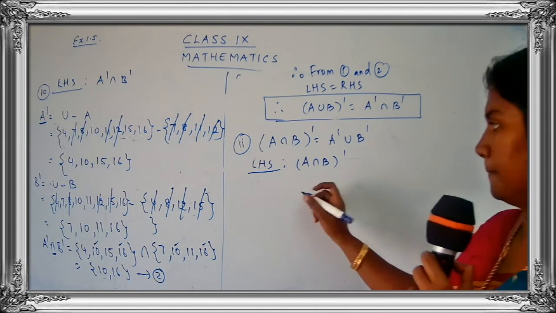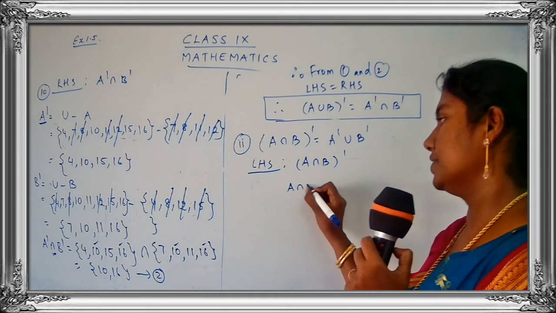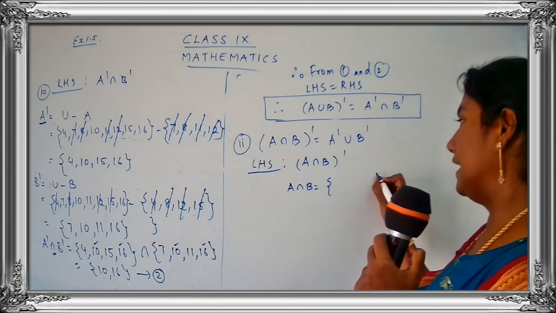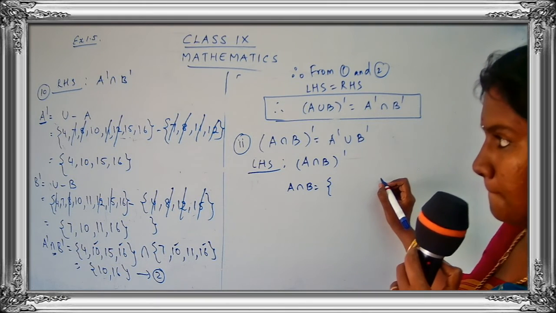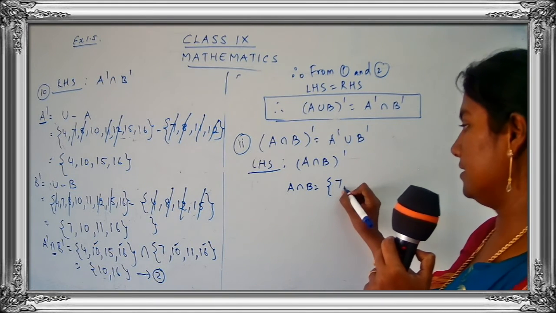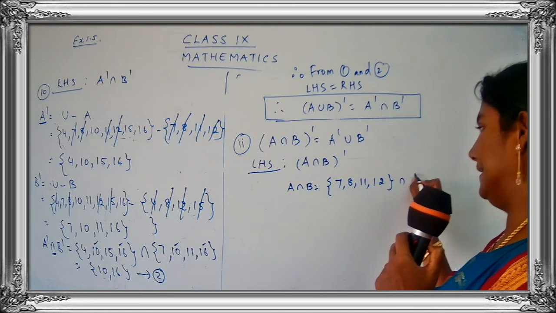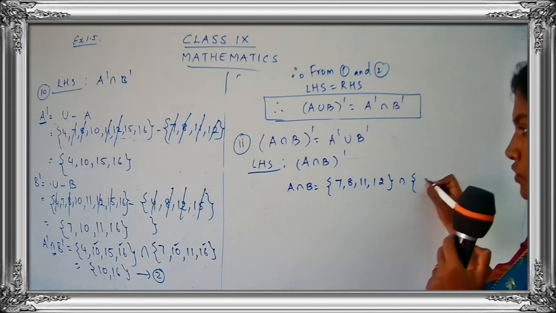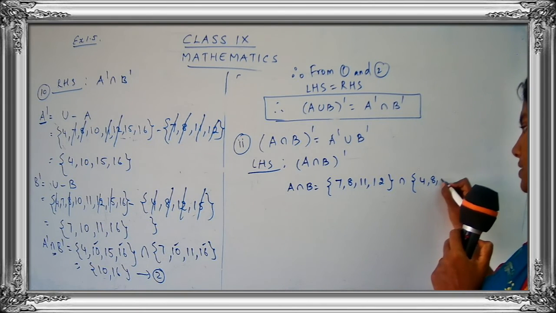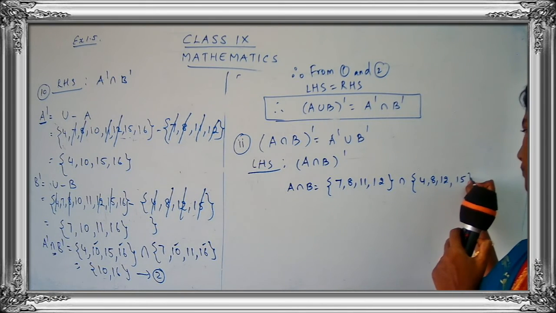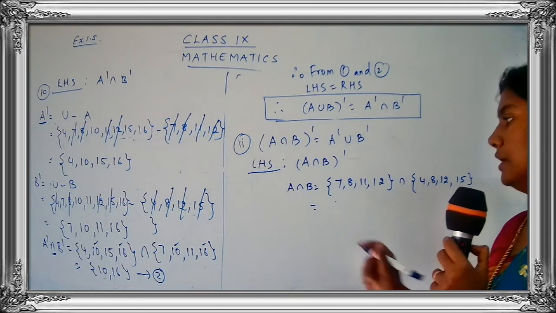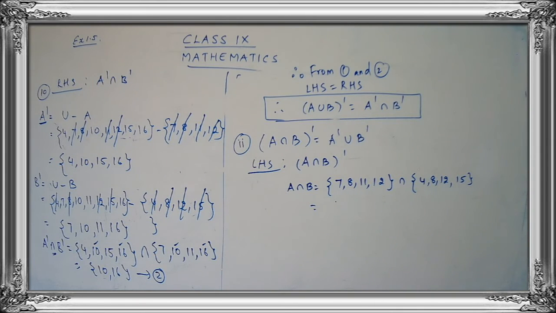Come on, do the step, children. Write down the members of A: 7, 8, 11, 12. Intersection B: 4, 8, 12, 15. Find out the answer, children. Find the common members of A and B.